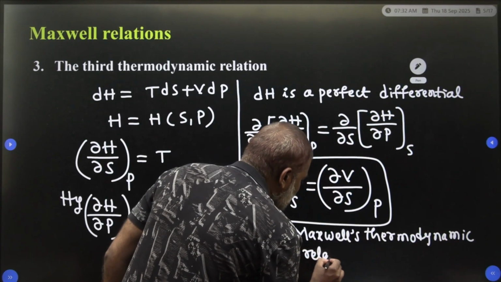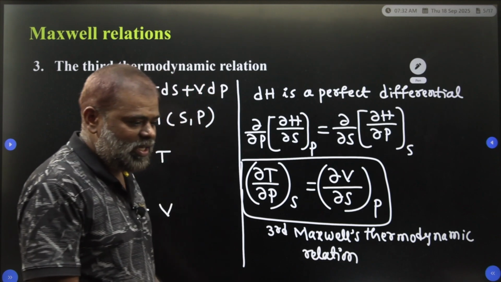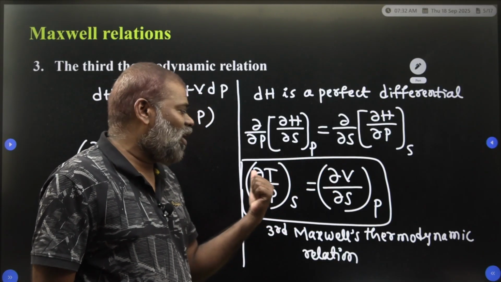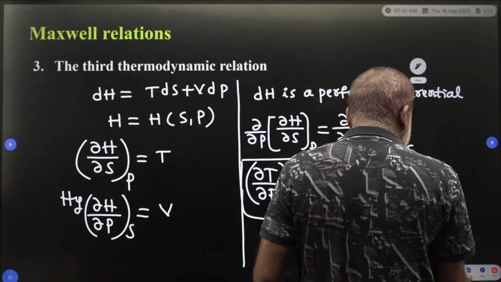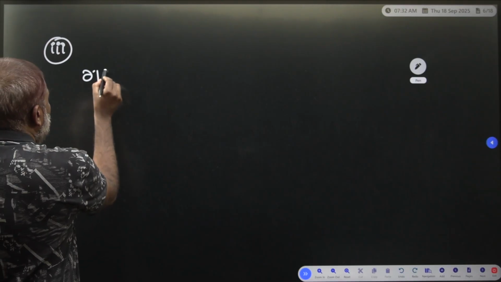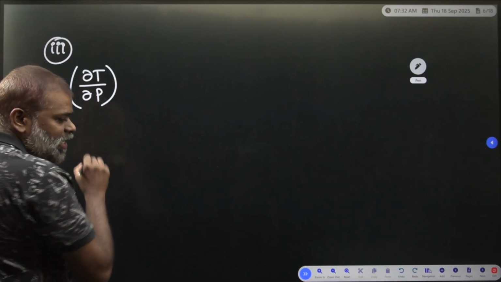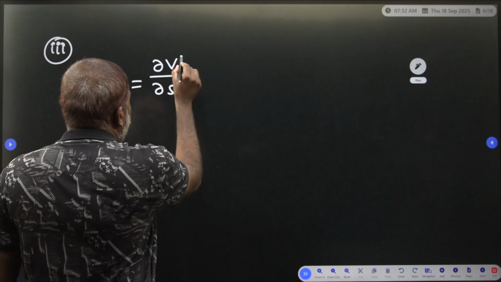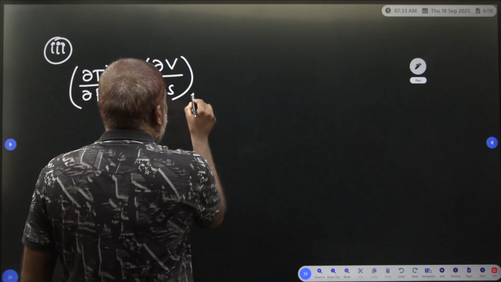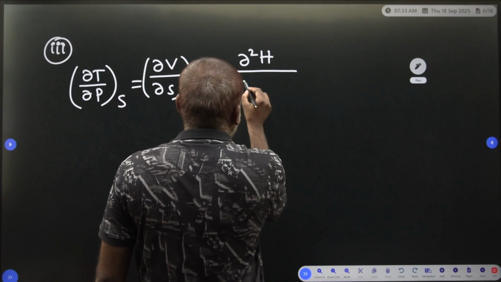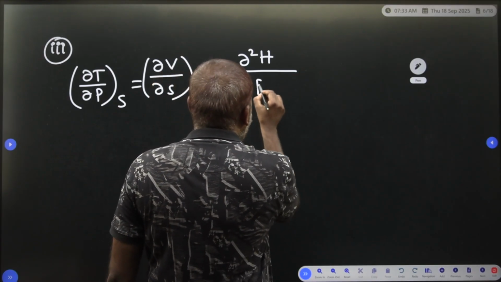What is that? ∂T/∂P at constant S is equal to ∂V/∂S at constant pressure, which is equal to ∂²H/∂P∂S.